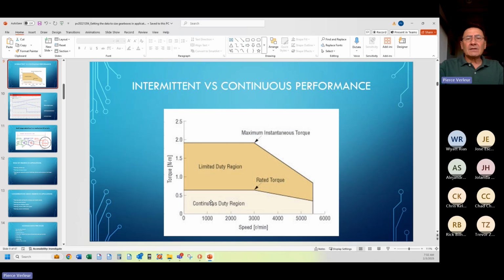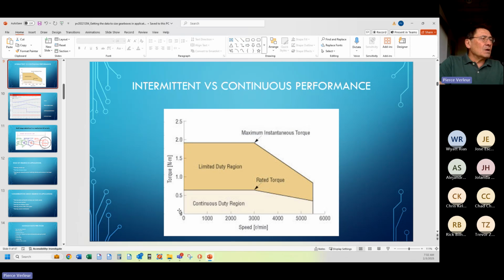And it runs just fine, and the lubrication does its job, and the gears don't wear out too fast. And the thermal aspect of the gearbox is such that the gearbox runs within its acceptable temperature limits. And the mechanical aspect of the gearbox is that I don't break off teeth and I don't wear them too fast.